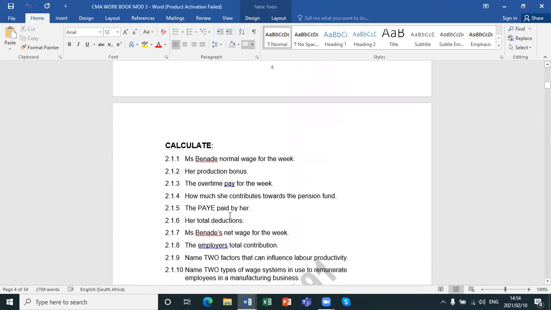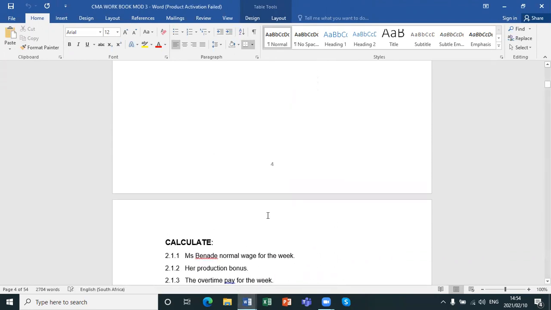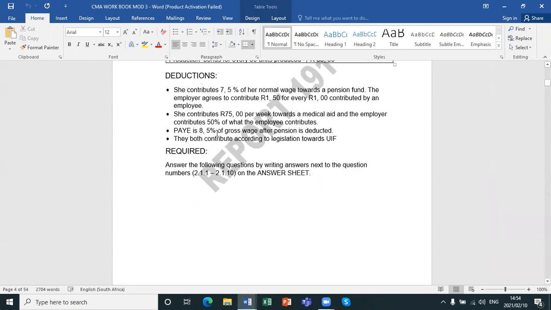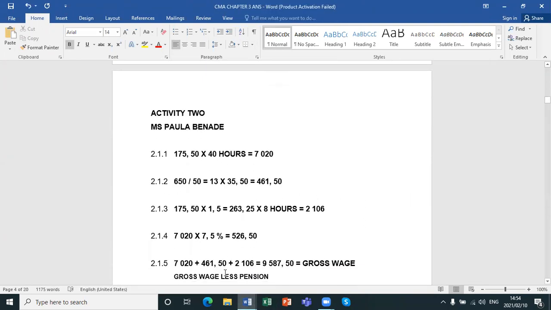What's the next thing we must calculate? Pay as you earn. Now, how do you get to pay as you earn? You first have to calculate her gross wage, because it's 8% of gross wage after pension has been deducted. So you take the normal wage plus the bonus plus the overtime.